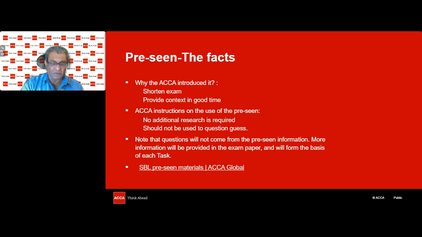For example, if you're told in the pre-seen that this is a small charity, and its income is $500,000 a year, in your recommendation in the exam, you're not going to suggest developing a strategy which costs $5 million to implement. You're not going to do that, right?